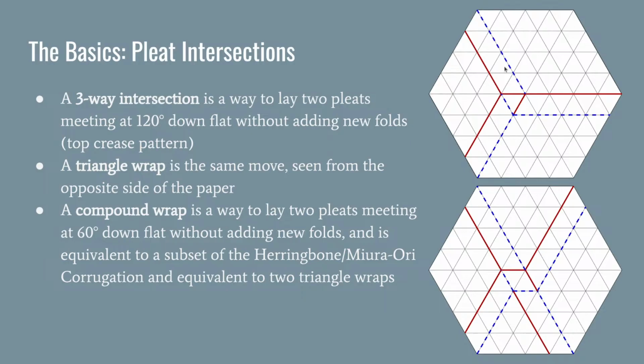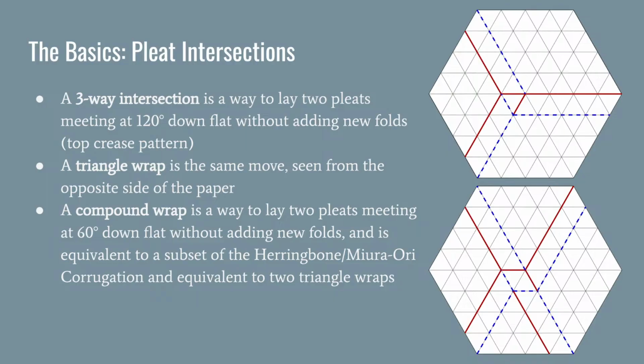And we don't have that funny little leg joining because that ends up having more folds that accommodate the extra shrinkage in the paper. And yeah, basically the compound wrap has two pleats coming together at 60 degrees. It's hard to see just from the crease pattern which pleats, quote unquote, are coming together.